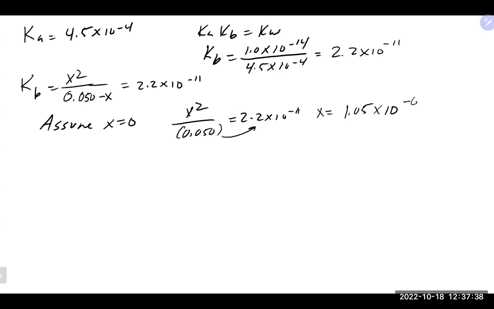So we do want to check it. We're going to take this, divide it by 0.05, times it by 100. 1.05 times 10 to the minus 6 divided by 0.05 times 100, and the check here is good.